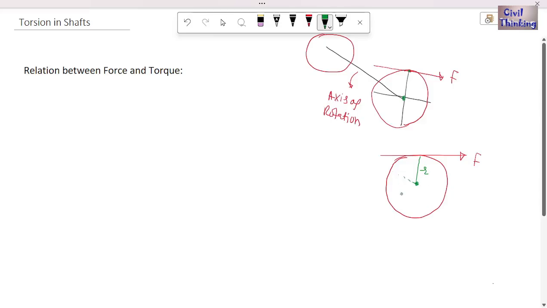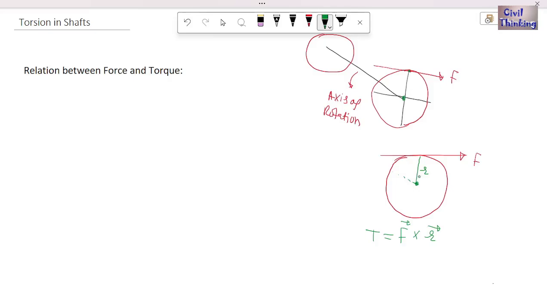From here we can find torque as the cross product of force and the distance. We also call this the lever arm. Now this is the torque, and if we want to find the relation between force and torque, it is this. You can see torque is directly proportional to the force, so the more force you apply, the more torque is generated.